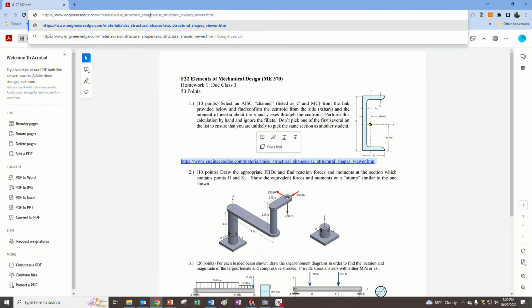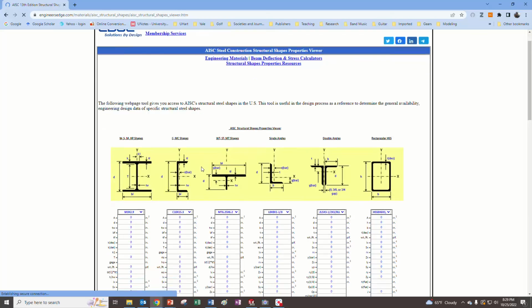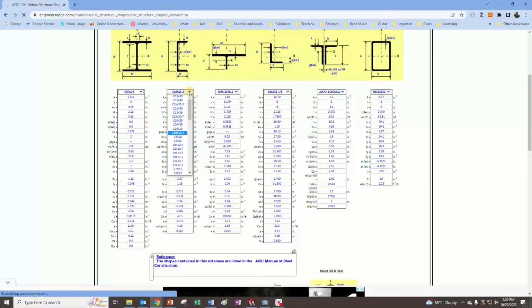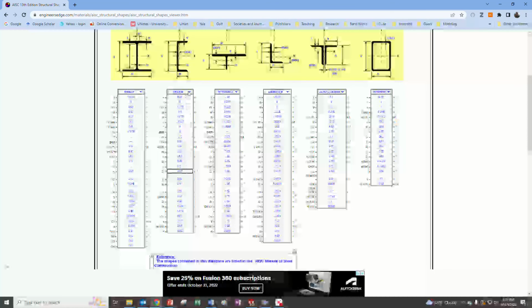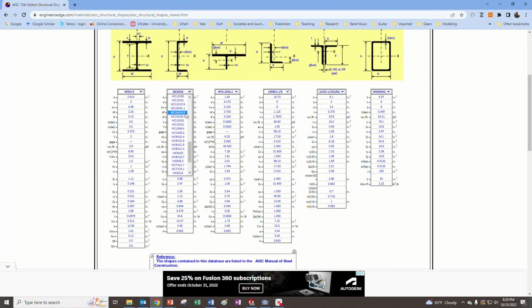All right, so we got shapes, and we were looking for channels. We didn't find any that we loved. Let's see, we could find a big, deep channel. Something here is an 18-inch deep one, and ZX is not going to be big enough here. Looking for a pretty big one.